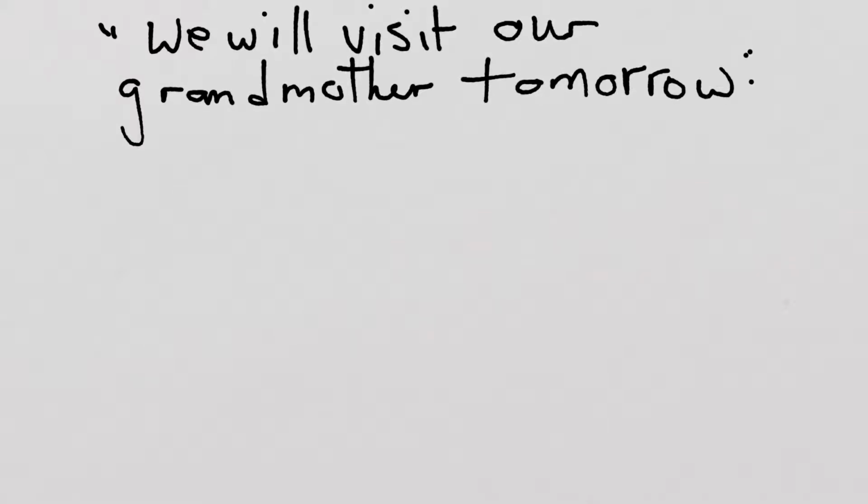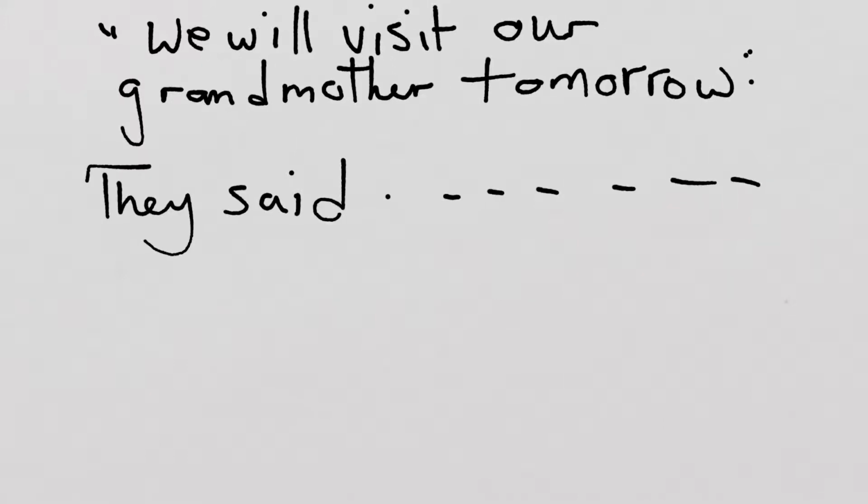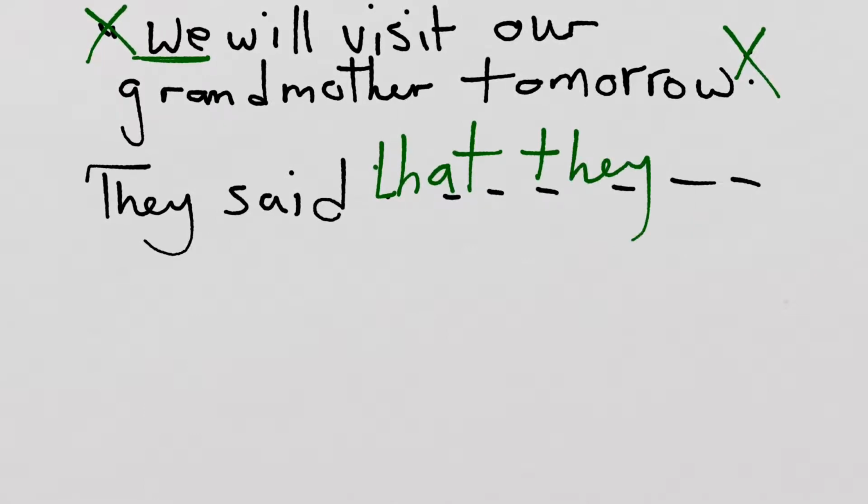Okay, so to follow the same rule, they said. In order to change the direct sentence into indirect, we have to follow the same procedure again. First of all, we have to cross the two inverted commas. Instead of them, add that. As I told you before, you should change it into they.